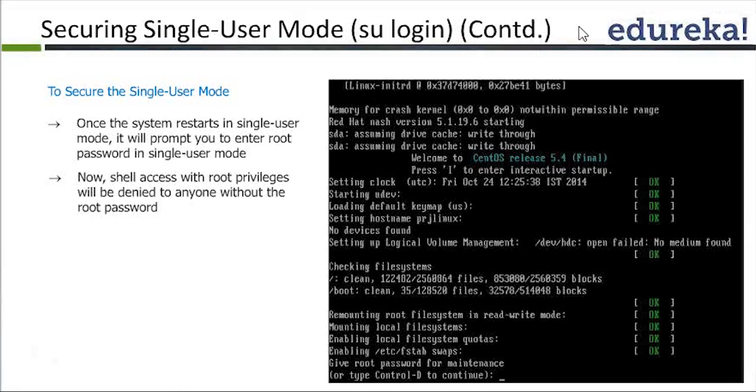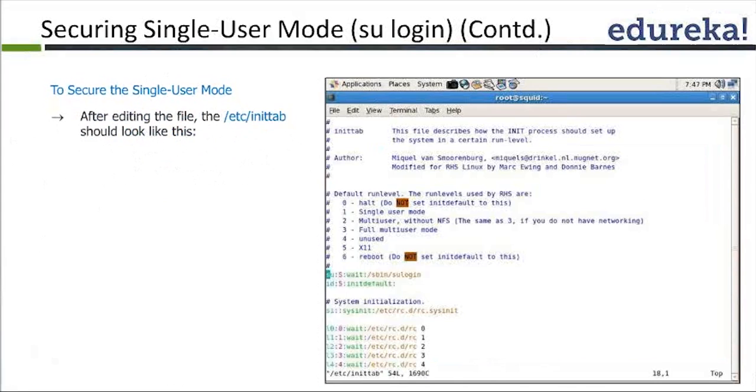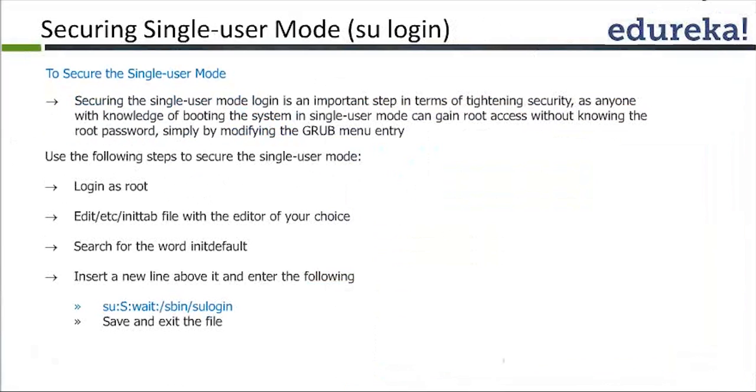Now here I'll show you how to set up a restriction to make sure that whoever has logged into the single user mode is the root user and is aware of the root password. So there is a restriction that we can enable. If you come here, you need to come to the inittab file.